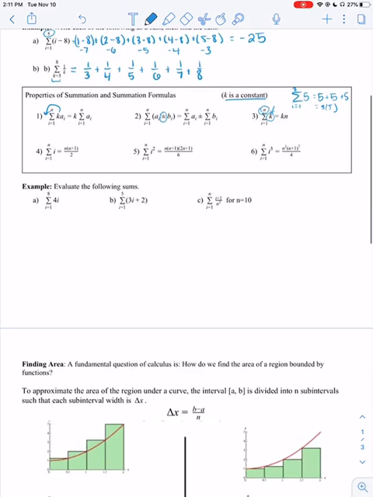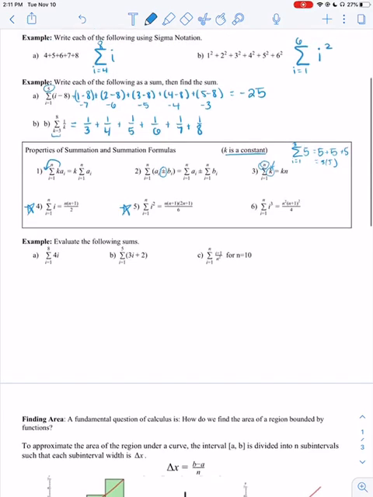And then these ones are pretty nice to know because they'll save you time. So instead of having to sit there and add up like we did here in A, that could take a really long time, especially if that number got big. So this is where the properties can really come in handy.